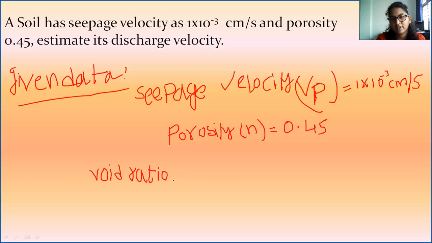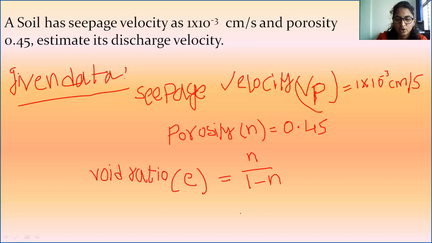here specific gravity value is not given. Only porosity value is given. In terms of porosity only, we can choose that related formula for determining void ratio. So that formula is void ratio e is equal to n by 1 minus n. What is the value of n?